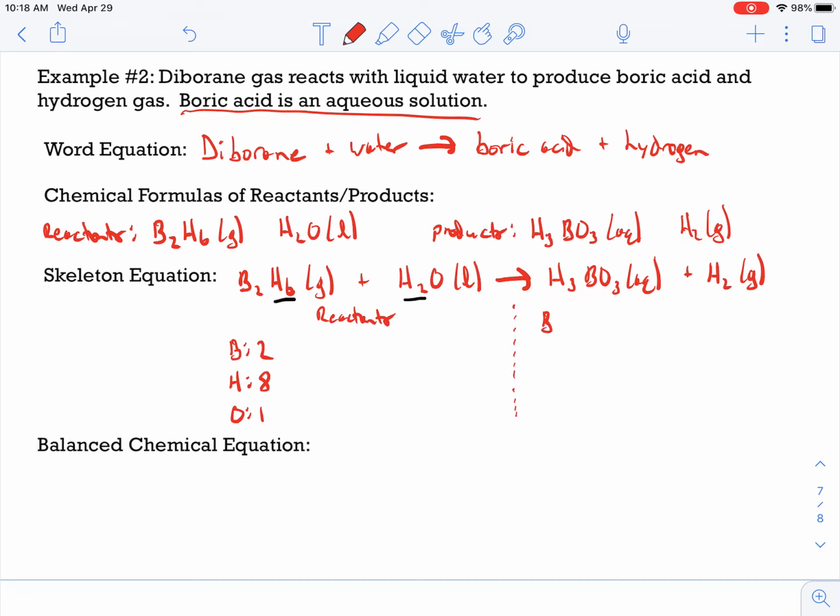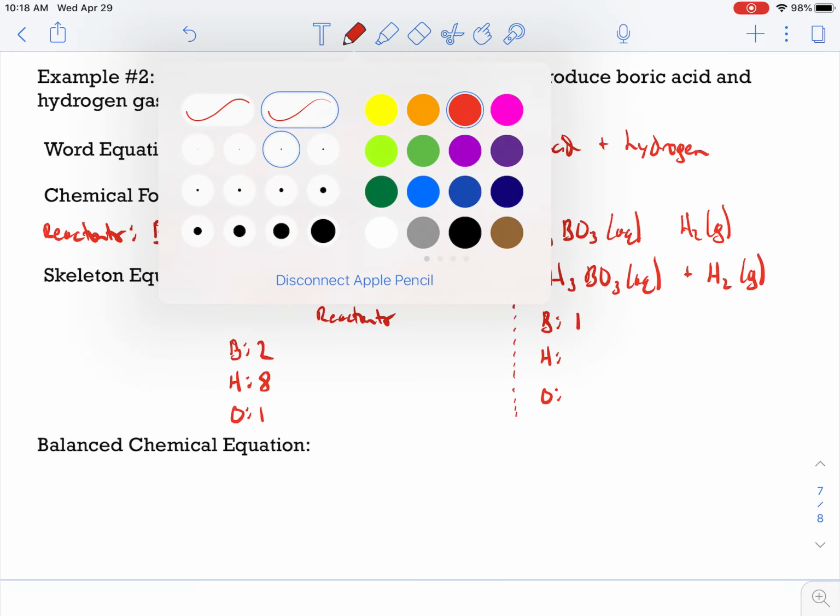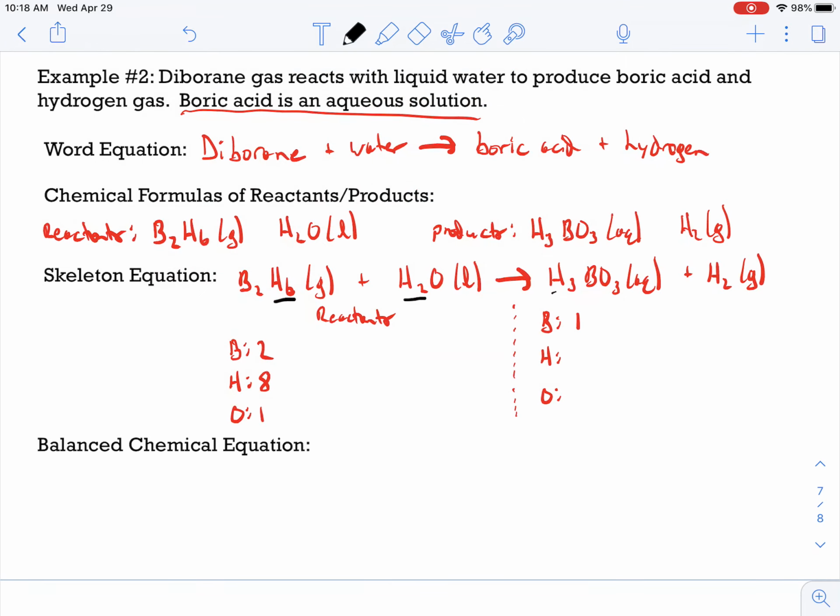When we look at the same elements on our product side, boron, we see we only have 1 of them. For hydrogen, we are going to have 3 from our boric acid, 2 from our hydrogen.